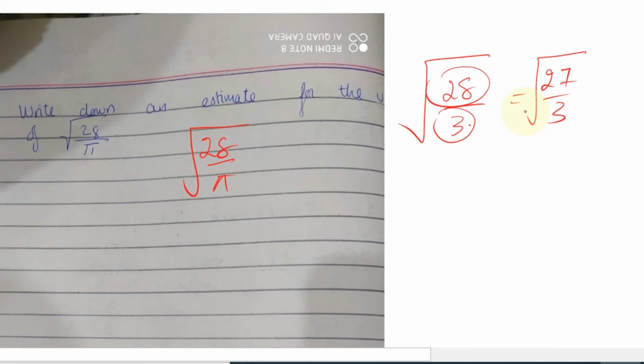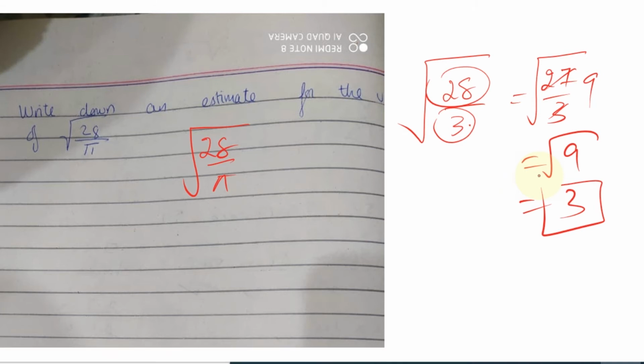3 times 9 is 27. That will give us 9, and square root of 9 is 3. Approximately 3 will be the estimate of this. For 28, the closer friendly number can be 30, but in this case, the square root is there. To cater for the square root, we would like to have a perfect square.